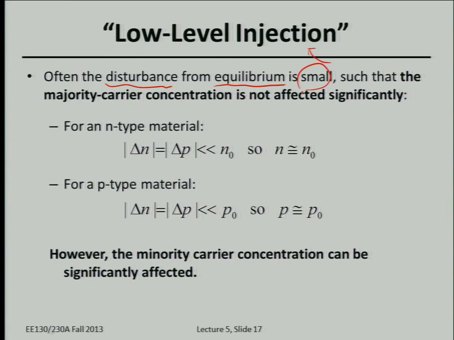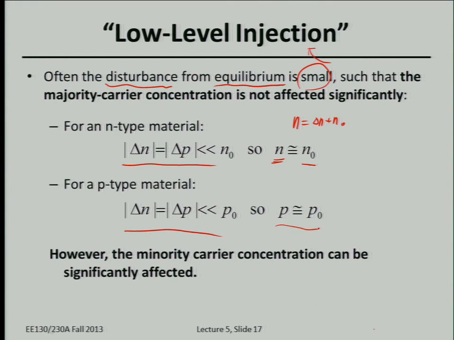So delta n is equal to delta p, but should be much smaller than my equilibrium state carrier concentration, n0 and p0, okay? So in that case, the total net carrier concentration n is delta n plus n0. Because delta n is much smaller compared with n0, I assume my n is just equal to the equilibrium value, n0, and the same case for holes, right?